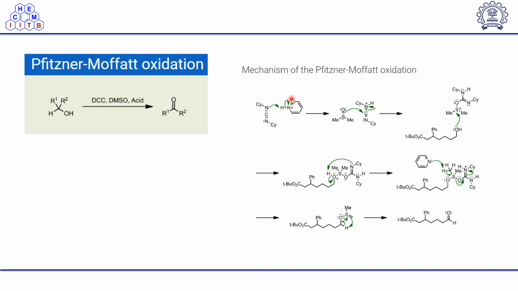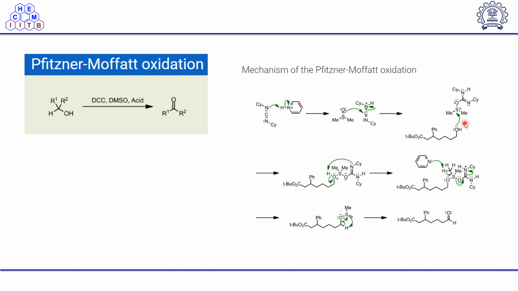That is, this pyridine will coordinate with this DCC, and it will form this pyridinium ion, this proton will be taken by this, and then this oxygen will attack this carbonyl carbon, which is electrophilic in nature.